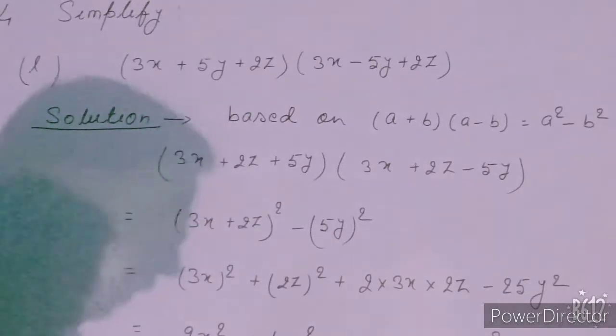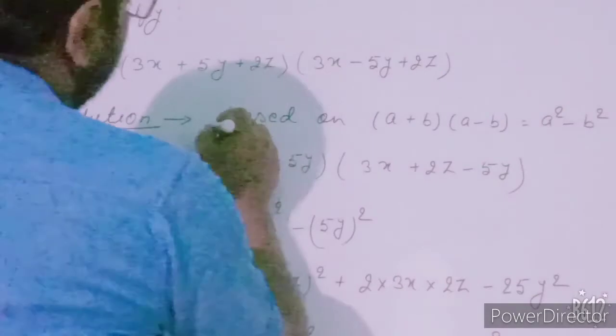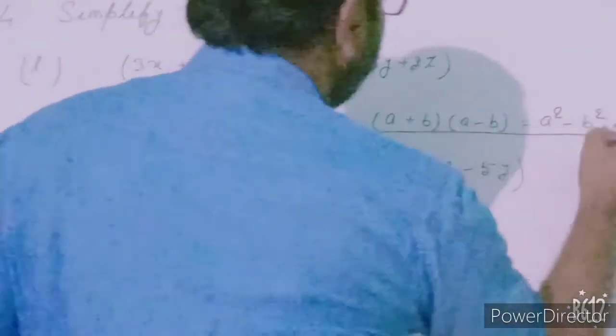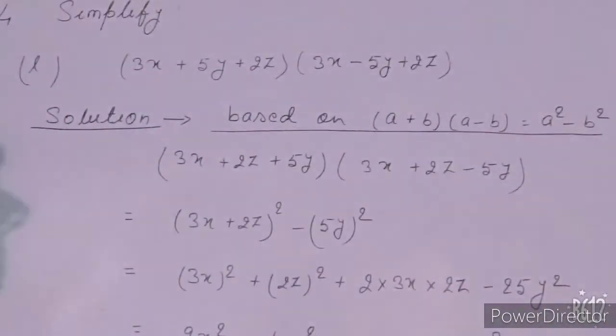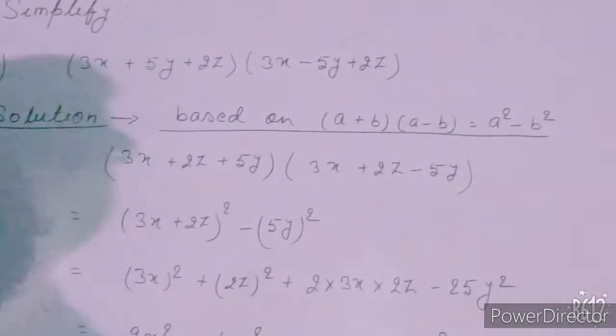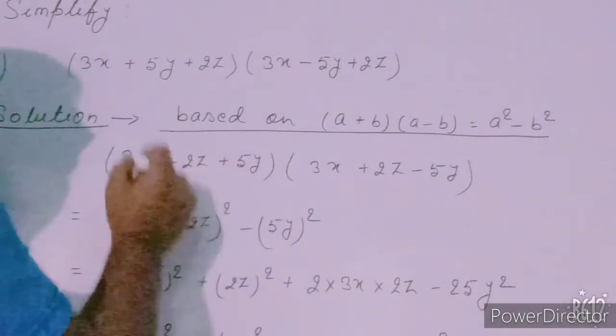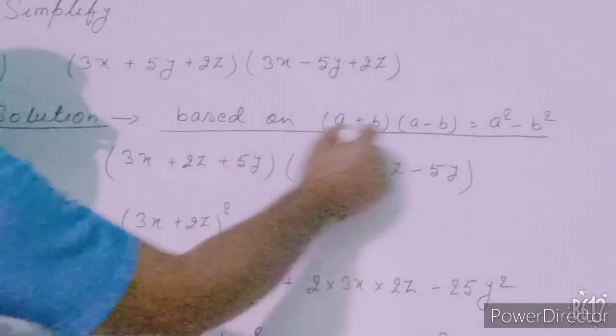At the top, I write the formula that is used in this question. This question is based on (a + b)(a - b) = a² - b². I have written the given question in this form.